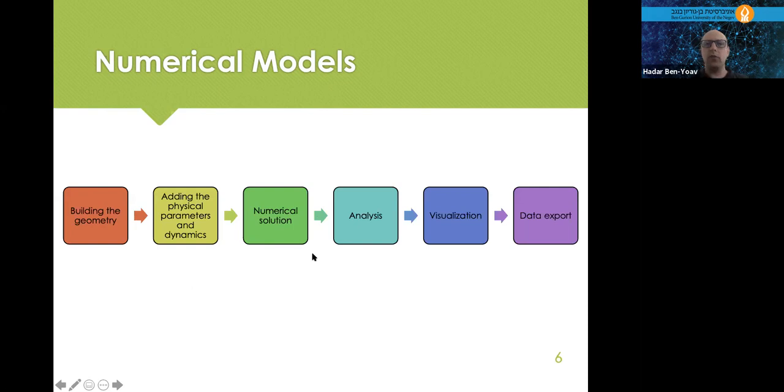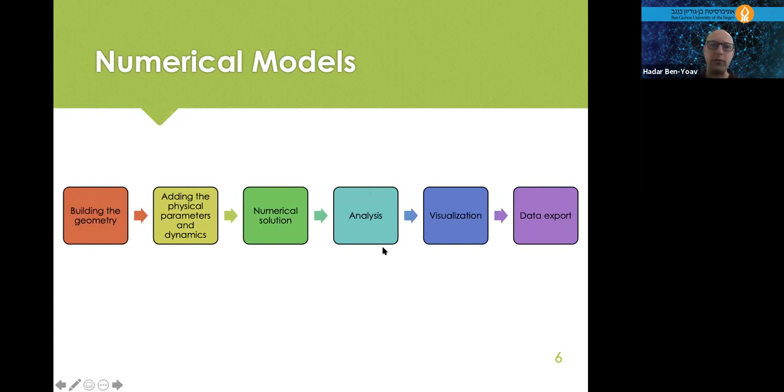Then we apply a numerical solution. We solve the whole model with the boundary conditions and so forth. And from the solution, we extract the actual information that we need.